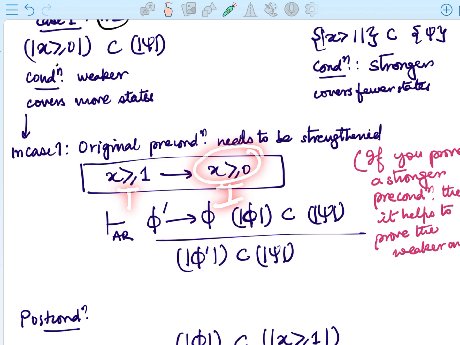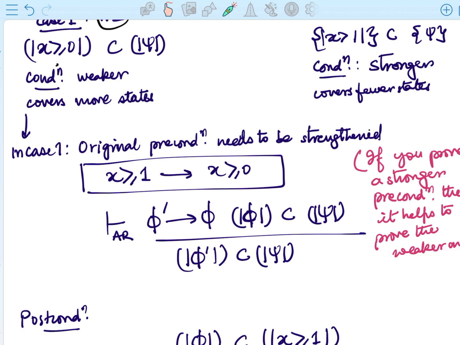It just has an increasing number of states, but it's a weaker precondition. And this is how we show it. So arithmetically, this is a valid sequence where a stronger precondition is considered: {φ} C {ψ} implies {φ'} C {ψ}. If you prove a stronger precondition, then it helps to prove the weaker one.